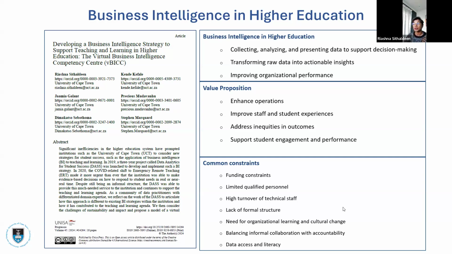Another common constraint that we find around building business intelligence capacity is that if you have informal collaboration between interested colleagues, how then do you have accountability for the work, and who drives that work, and how does it not just fall apart if one person leaves? And then the last constraint that many of us face is that you can produce an incredible amount of work and data visualizations and all kinds of things.